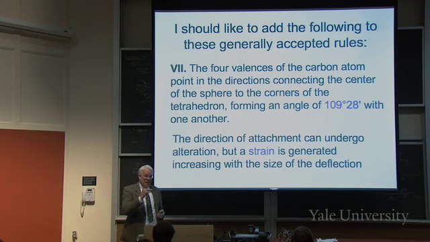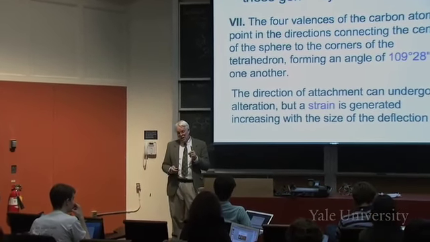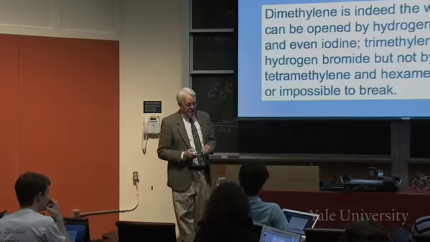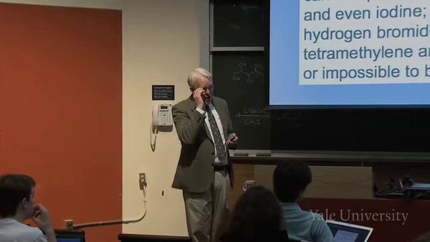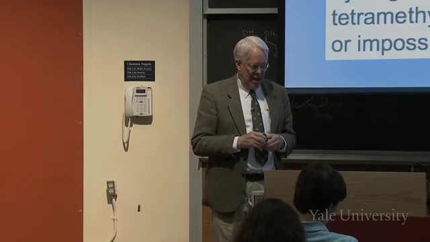So if you have an angle other than 109 degrees and 28 minutes, then there's going to be higher energy associated with strain. Or what he's actually talking about is not higher energy, but reactivity. Okay, so he drew this picture showing how much the angles are distorted from 109.5 degrees.